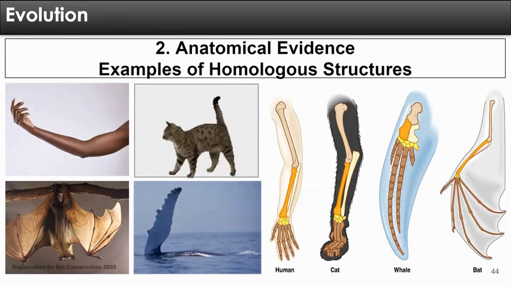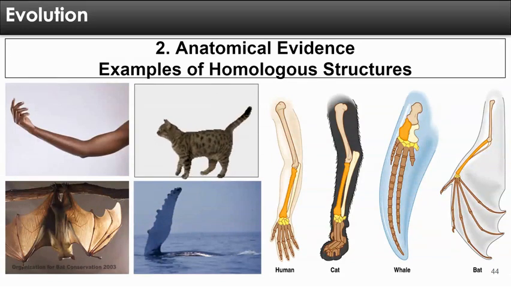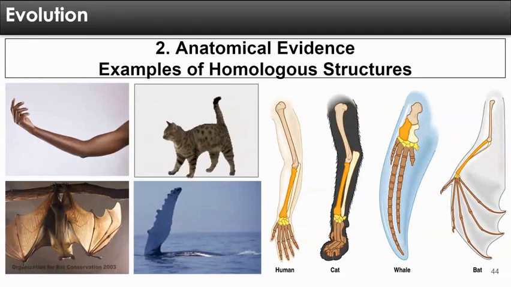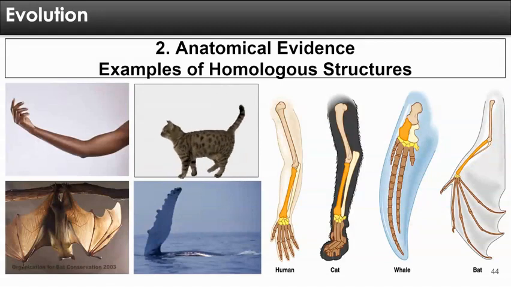But looking at a human arm, a cat arm, a whale fin, and a bat wing, although there may be very similar structures within those 4 organisms, those limbs all function very differently, right? They serve different purposes because we've all evolved separately and have adapted to the environments in which we live.